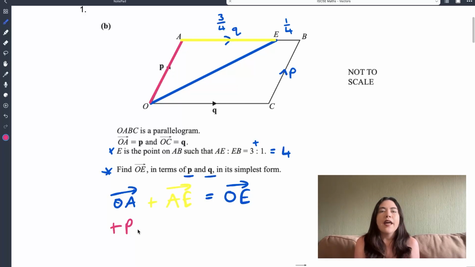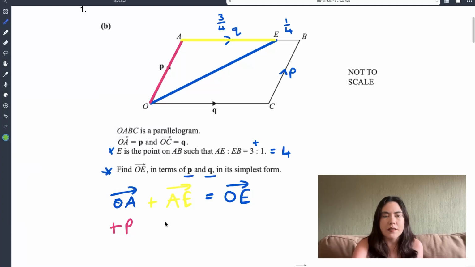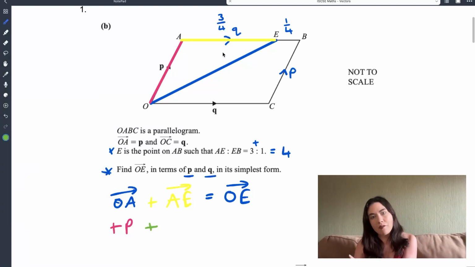All right, now we're going from A to E, which we've established is 3/4 of AB. Now, what is AB? Well, because we know it's a parallelogram, we figured out that AB is Q, just like OC. So that means it's 3/4 of Q. Okay, I'm going to pick a slightly different color because it's easier to see. So we are again going in the same direction as the arrow.